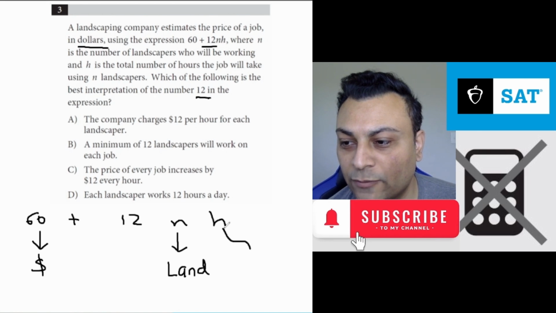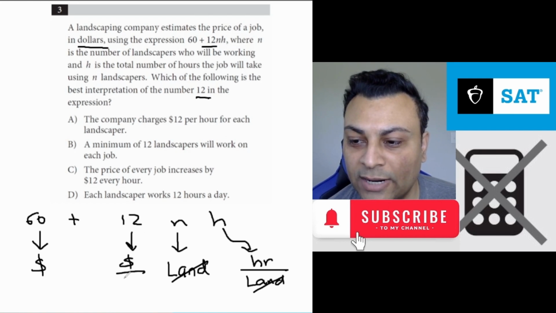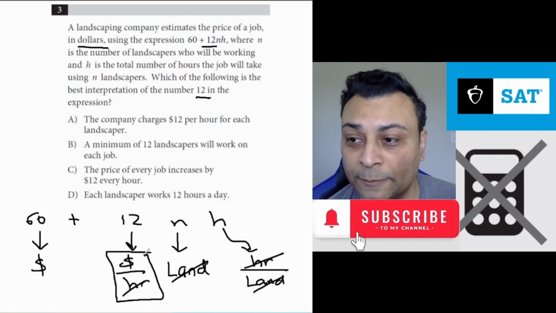This H stands for hours per landscaper. So these will cancel. So now we have hours already. So this must stand for dollars per hour so that we can get dollars at the end of the day. So this 12 has a unit of dollars per hour. $12 per hour, that's correct.